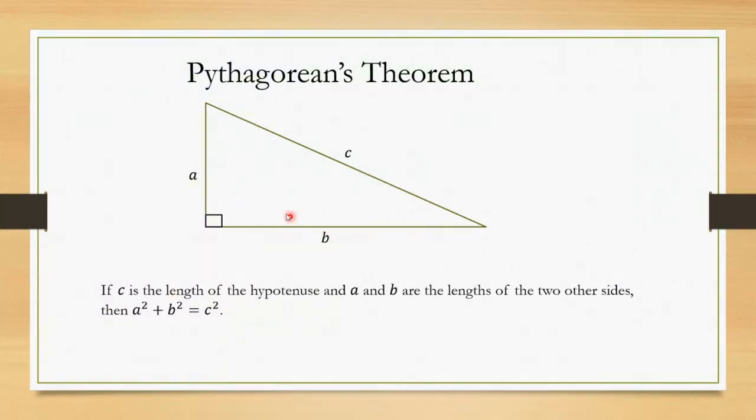These 2 sides are legs. The side opposite the 90-degree angle is the hypotenuse. Then a squared plus b squared is equal to c squared. That's Pythagorean's theorem. It's very useful, as you'll see.